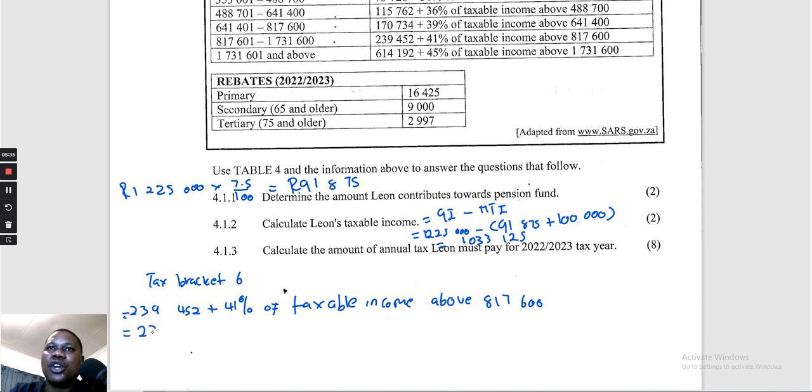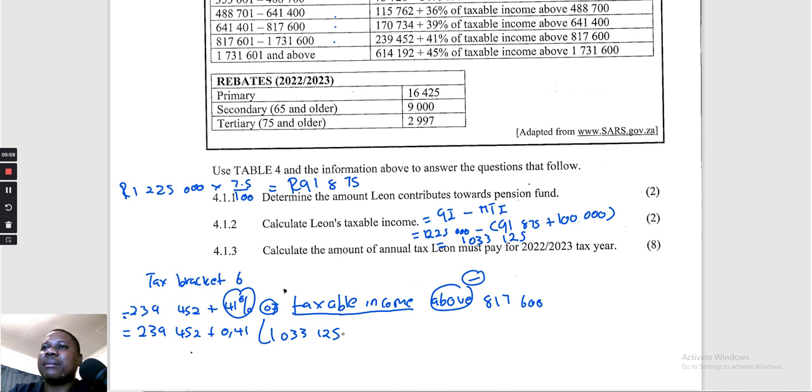We're going to still have 239,452 plus. I change this into a decimal, which becomes 0.41. I open a bracket because of the 'of'. Then I look at my taxable income, which was 1,033,125. The word 'above', now I put a minus. Then I rewrite 817,600. Now I have substituted. Now I can deal with the numbers.